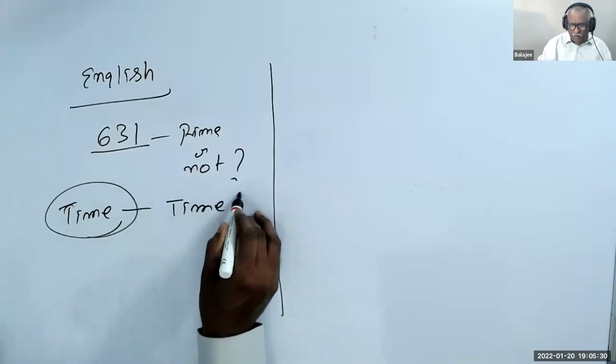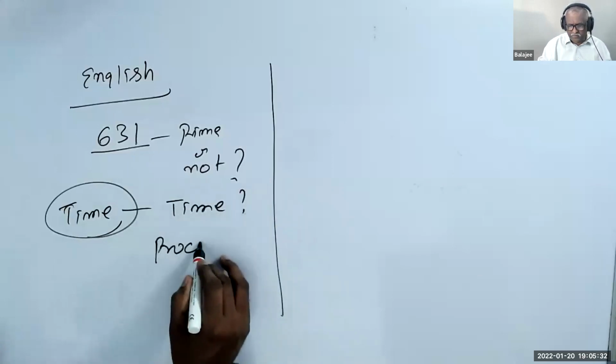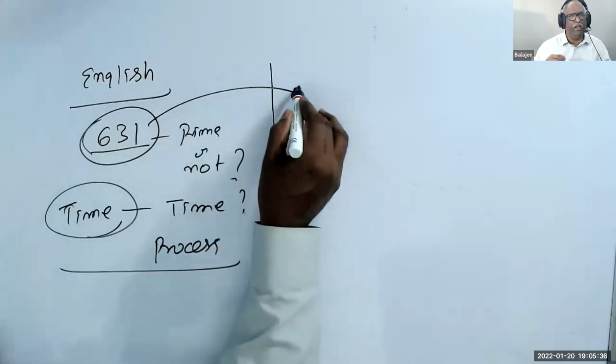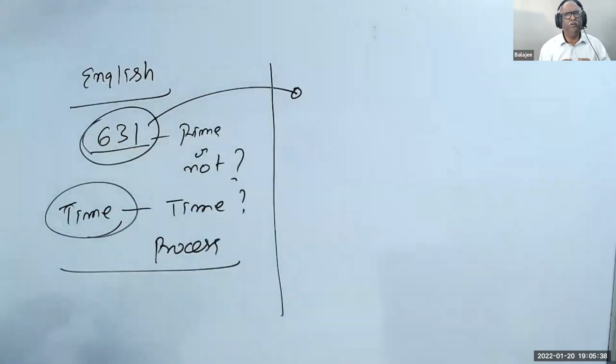I am worried about the process. If somebody gives you the number 631 and asks you how to find whether it's a prime or not, what will you do? It's very simple, you know that.